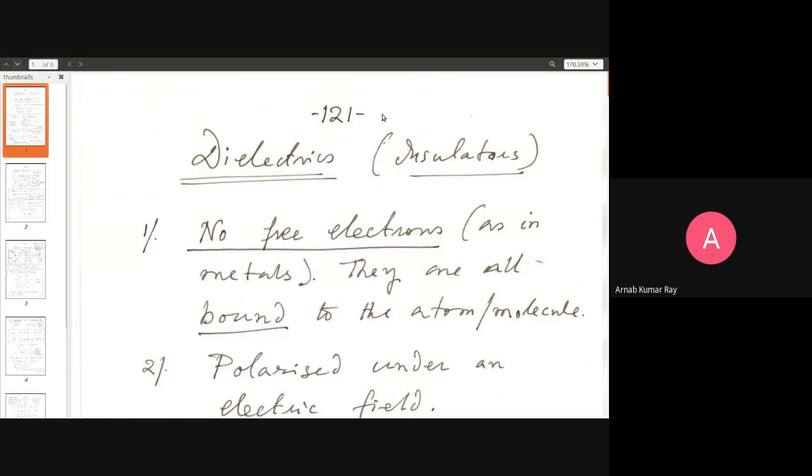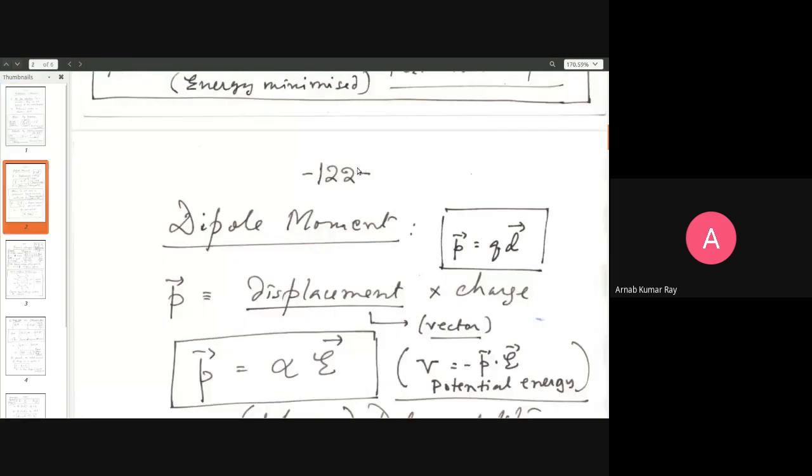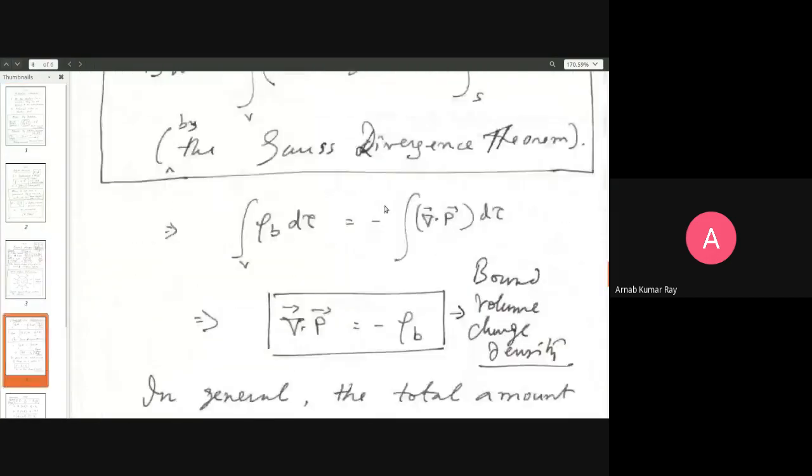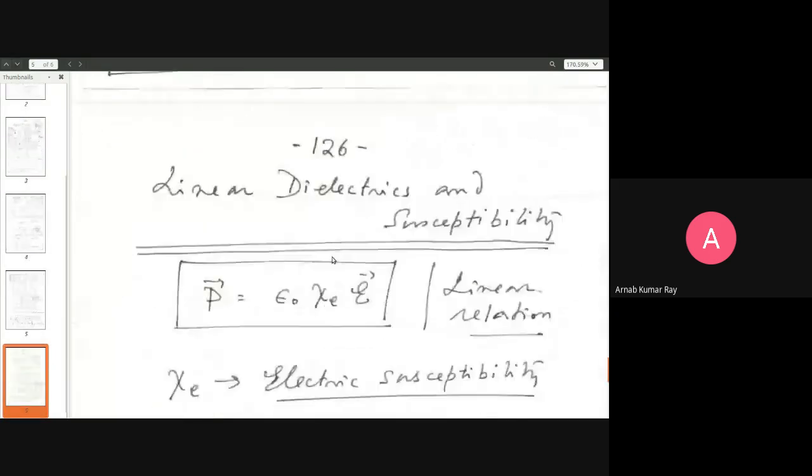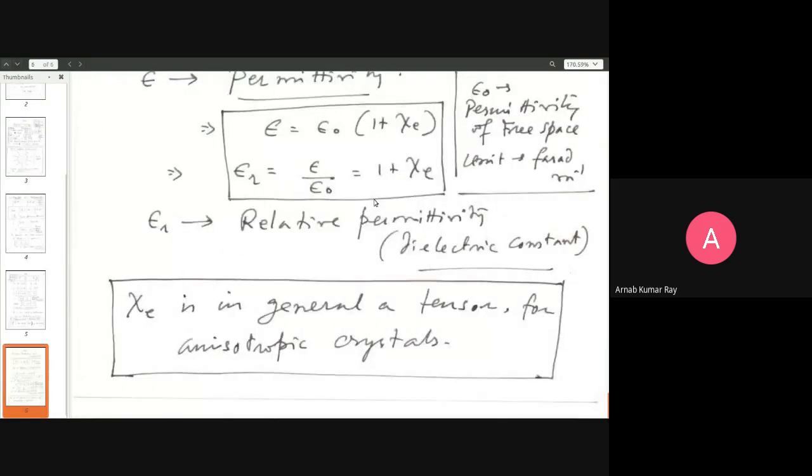So the interim pages were skipped, and also in between I added some additional points on images and dipole moment, potential due to a dipole and the uniqueness theorem in a supplementary sequence of notes going by the tag A1 to A6. So page number 102, just write it. Page number 102, then pages A1 to A6, then pages 121 to 126. 126 is the last page. That is the sequence we have followed.